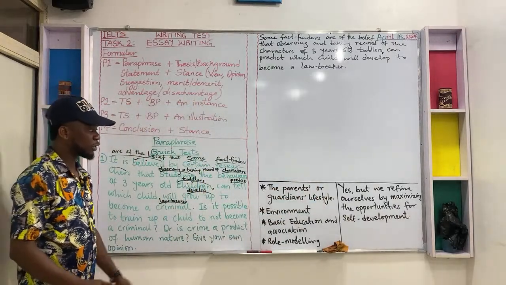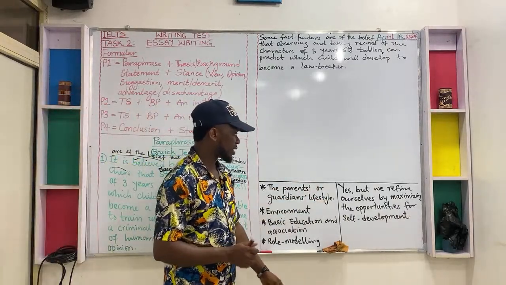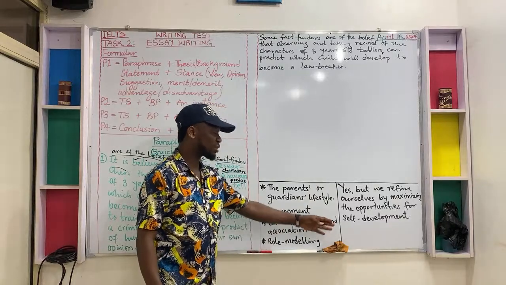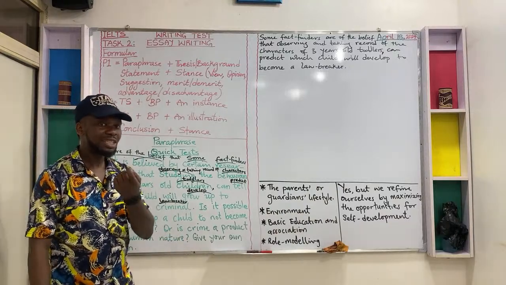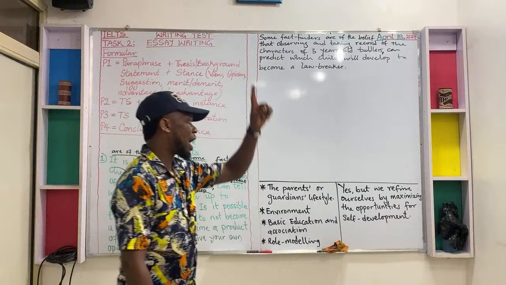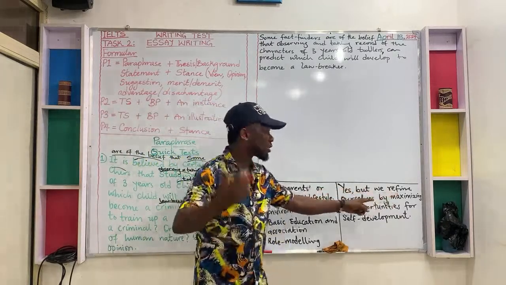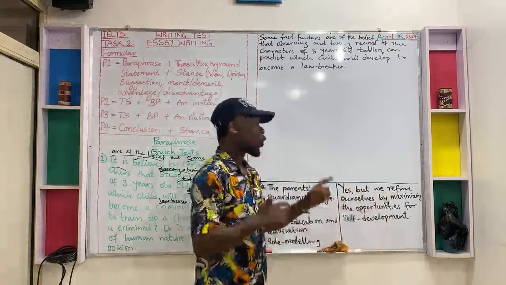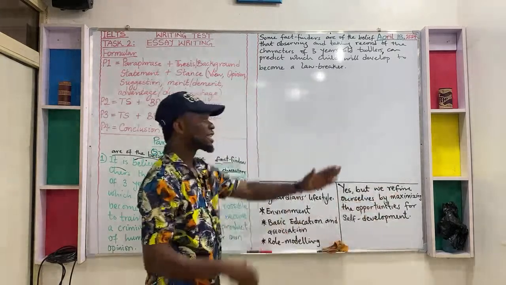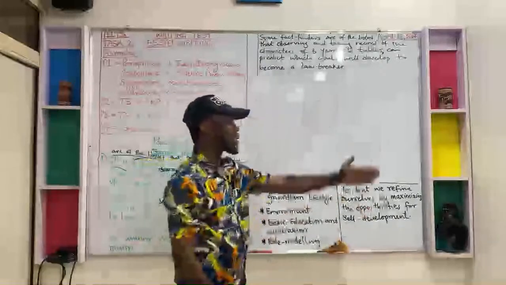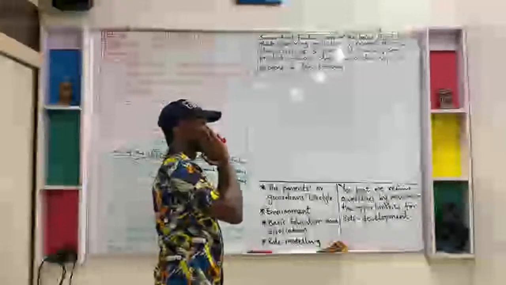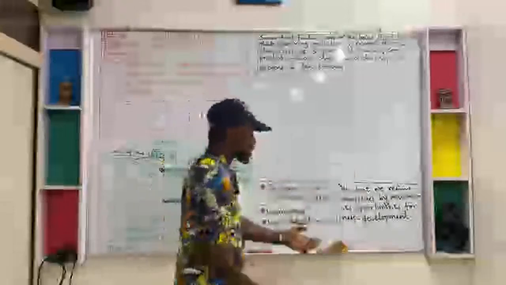So this is coming from YouTube. That means this person is saying, yes, that crime is a product of human nature. However, we refine ourselves, all right, going towards the path of positivity, towards the path that is considered to be legal, towards the path that is considered to exhibit a high level of responsibility for self-development. I agree with this point of view.